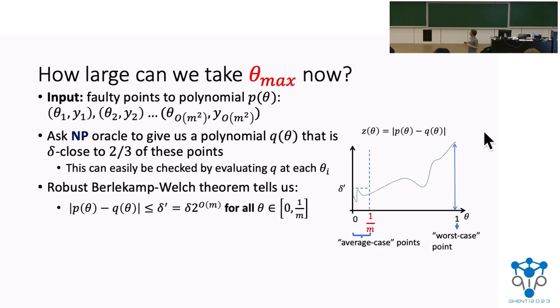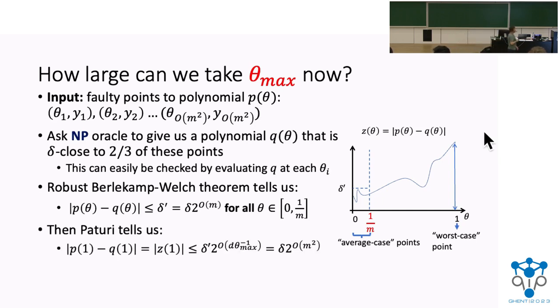It tells us that anywhere in the subinterval 0 to 1 over m, these two polynomials, p and q, agree to within an additive factor delta prime, which is delta times 2 to the m, because m is the degree. And now we can plug in Paturi, and we see that the advantage we have here is that theta max is now 1 over m.